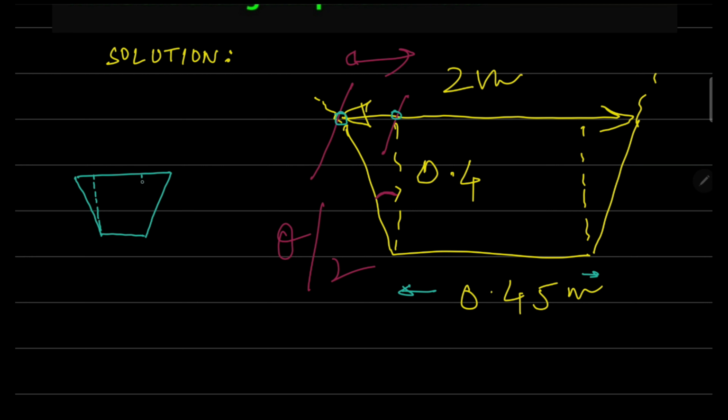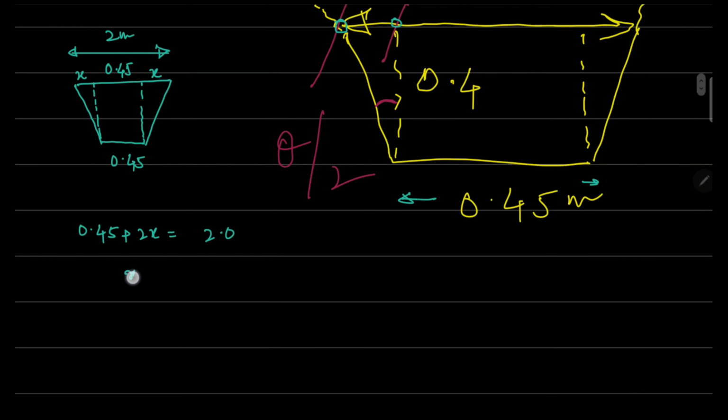Now this is 0.45, then again 0.45, and the overall value is 2 meter. Let's say this value is not known to us. This is x, so this will also be x. So 0.45 plus 2x is going to be equal to 2 meter. So x is 2 minus 0.45 divided by 2.